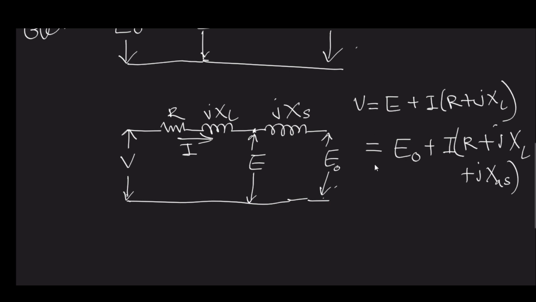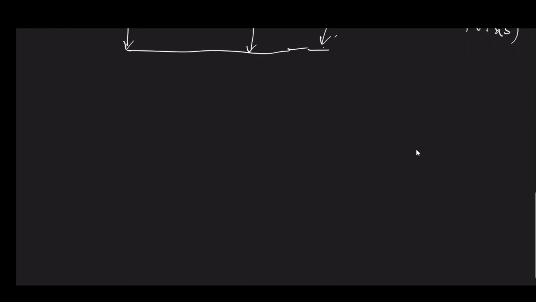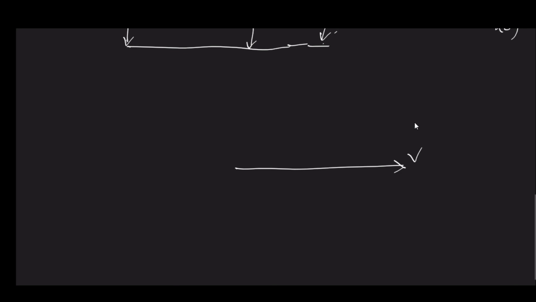Now let us try to proceed in this way. First draw V as reference, then I. Now we need to subtract IR, so this is minus IR.